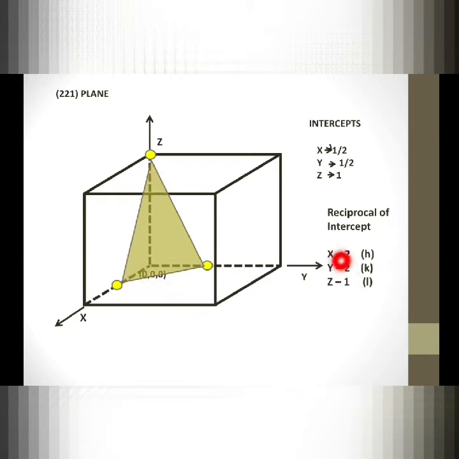This plane is the 2 2 1 plane, and the Miller indices of this plane are 2 2 1. At first we take the intercepts, then the reciprocals of the intercepts, and we get the Miller indices of that plane, which is the 2 2 1 plane.